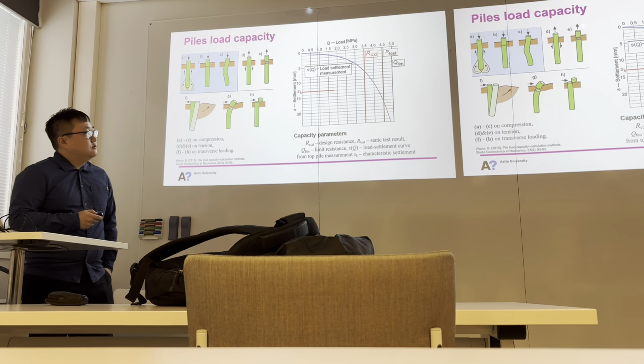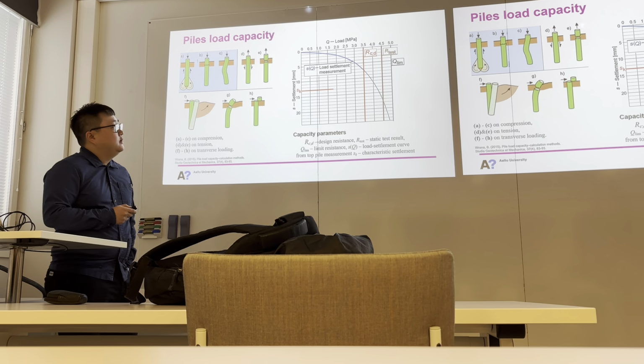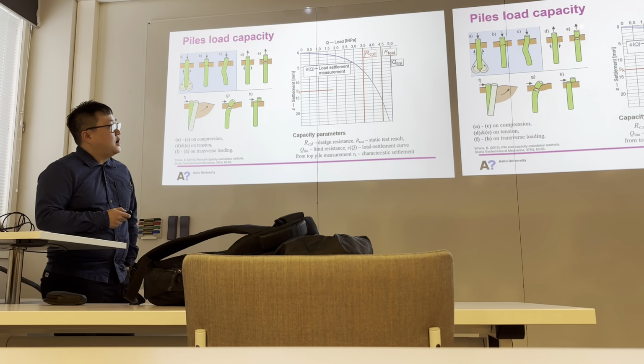Now, to design the pile, we should know how the pile will fail. There are different failure mechanisms for piles, shown in this picture. From figure A to C, the failure is caused by compression, and especially B is the structural failure of the pile, and figure C is the buckling of the pile.